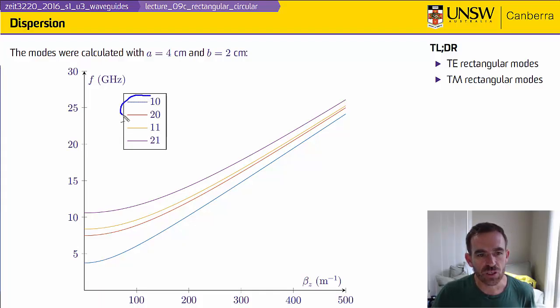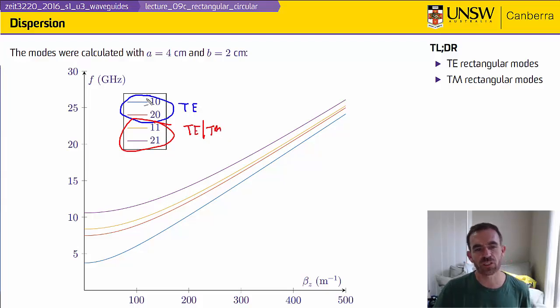Now, for these two, the 1,0 and 2,0 modes, I have a TE mode only. But for these two, I've got both TE and TM modes. And these aren't all the modes. There's also a 0,1 mode and a 0,2 mode that would fit into this picture as well.